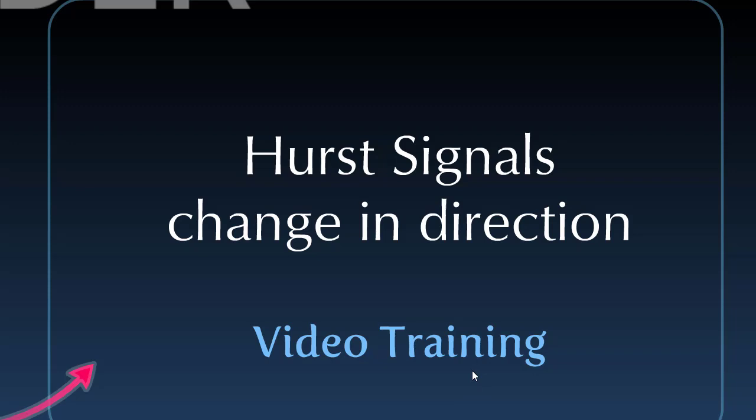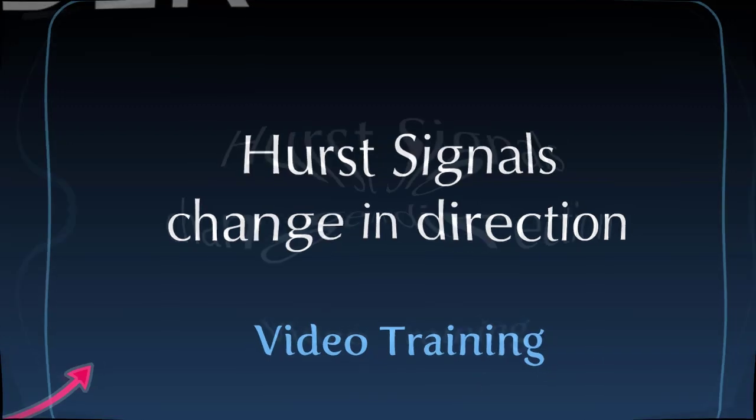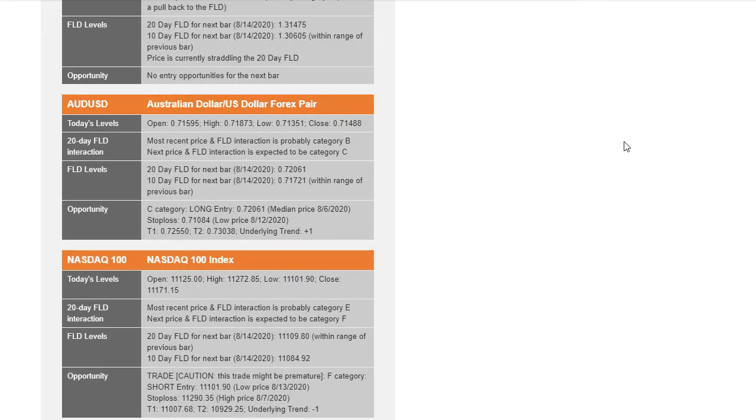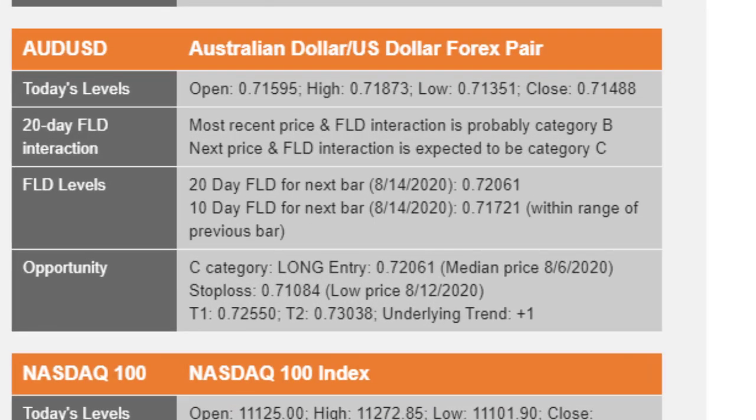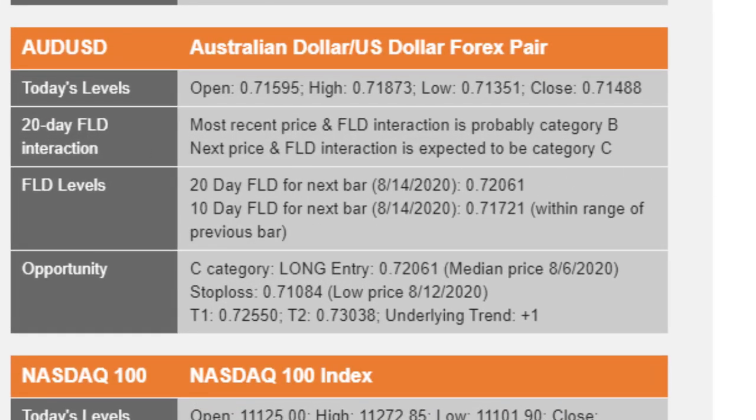So let's start by taking a look at the current recommendation for the Australian to US dollar. Here I have open the email. This is last night's email, and as you can see, here is the Australian to US dollar, and this is the opportunity for the 14th of August, which is today.